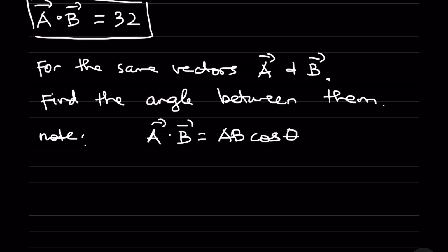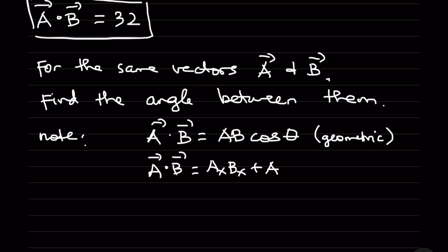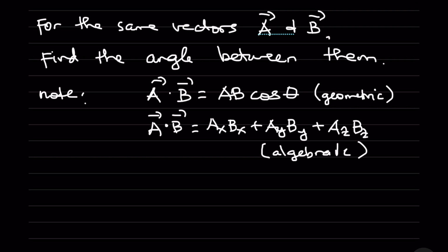So we take note that the geometric definition of the dot product of A and B is equal to AB times cosine theta, while the algebraic definition is that the dot product of A and B is the following: AxBx plus AyBy plus AzBz.